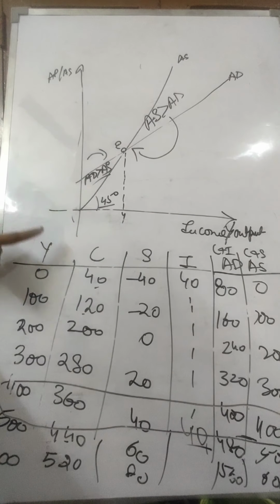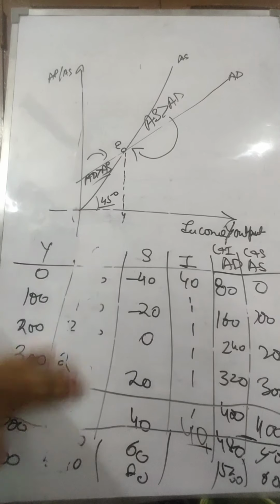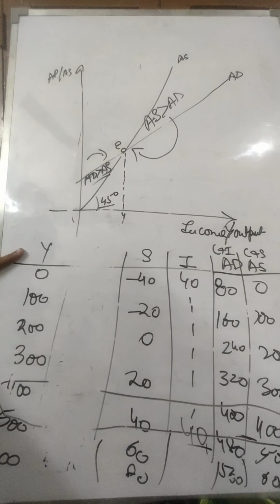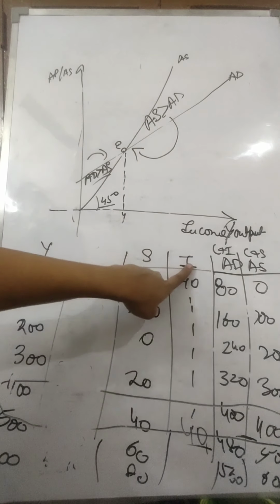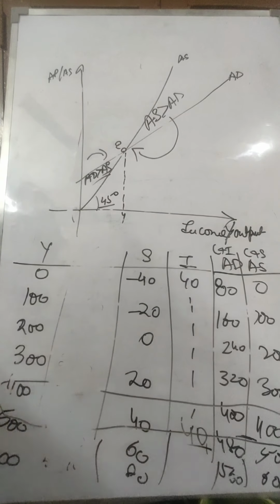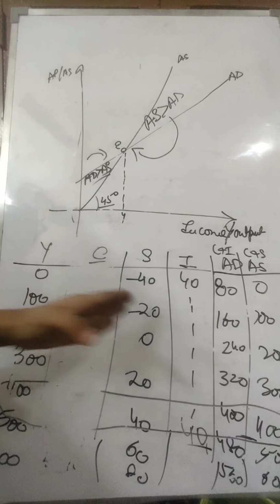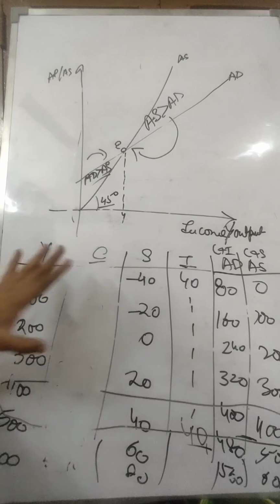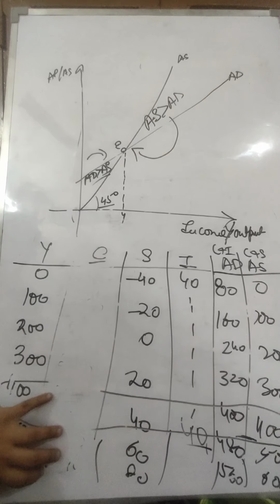Just what I'll do is, I will not consider this consumption level. I will take income, savings and investment, and at this level I will be equating them. But yes, you will have to take up consumption to get to savings, so you will have to draw with consumption also.